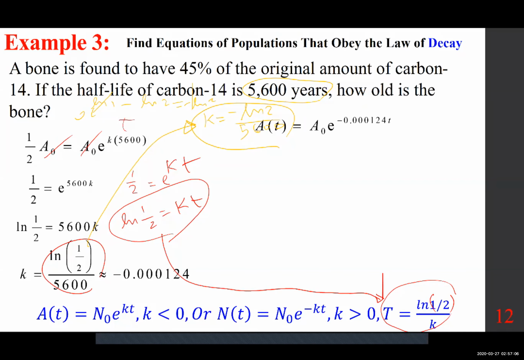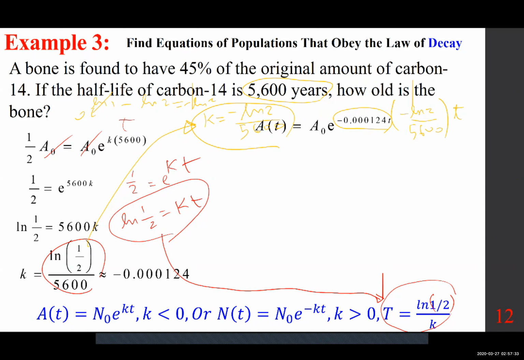So A of t becomes A sub 0, e to the power of -0.000124 t, or as I mentioned, you can say minus ln2 over 5,600 times t.